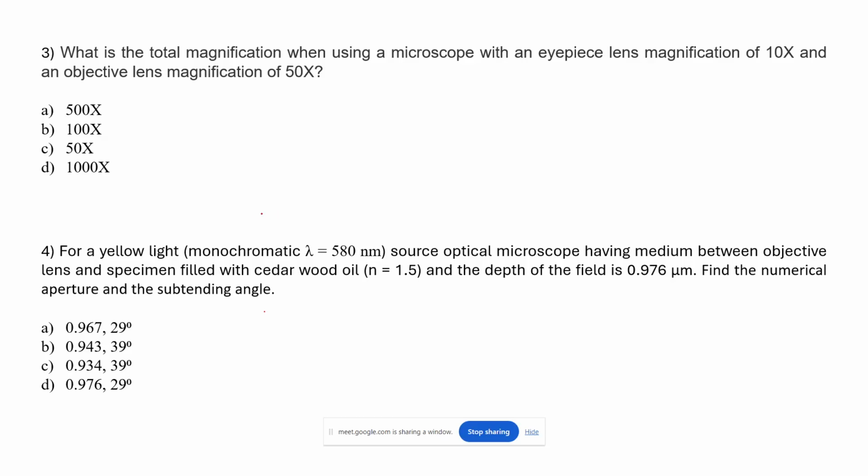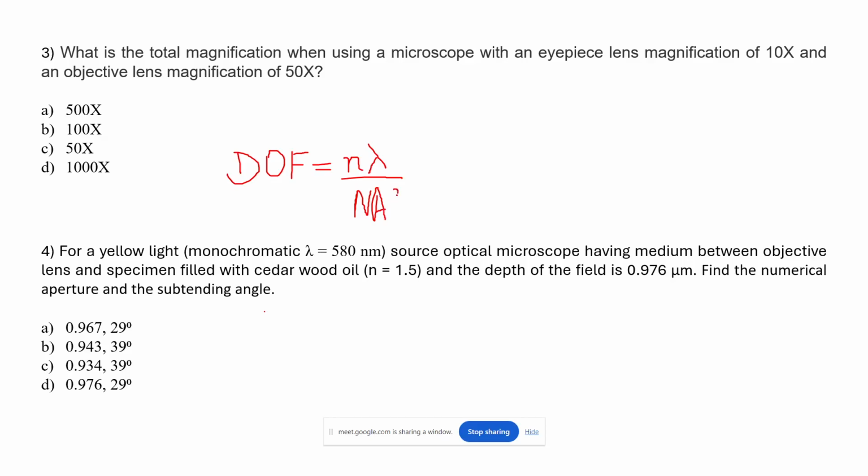Yeah. So basically we had this formula for the depth of field as n lambda divided by NA squared, where NA is the numerical aperture.